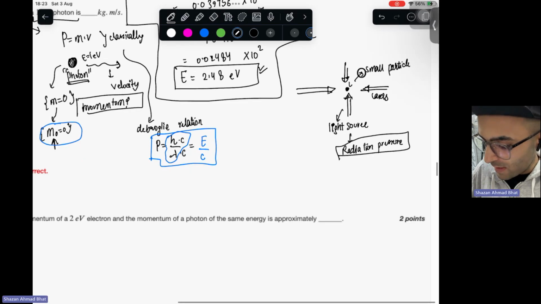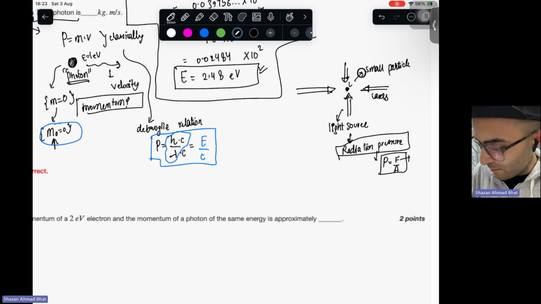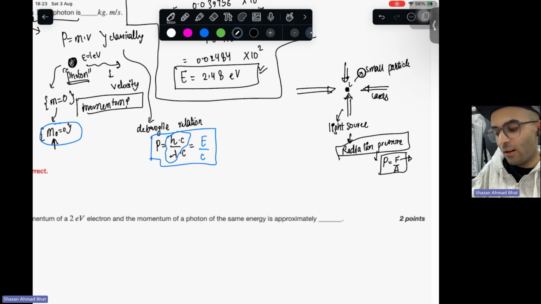If the radiation pressure is denoted by P, then pressure is basically force per unit area. That means the electromagnetic wave is imparting some force onto this particle, and those forces are balancing and keeping this particle stationary. It's called optical trapping.